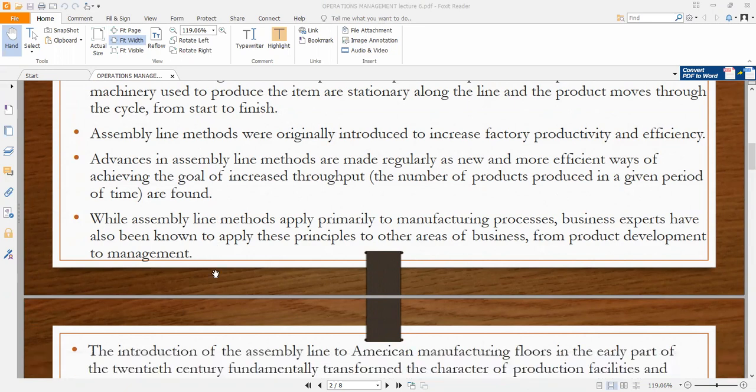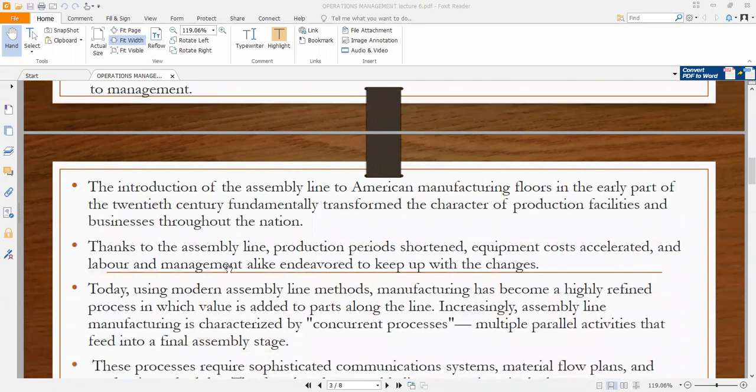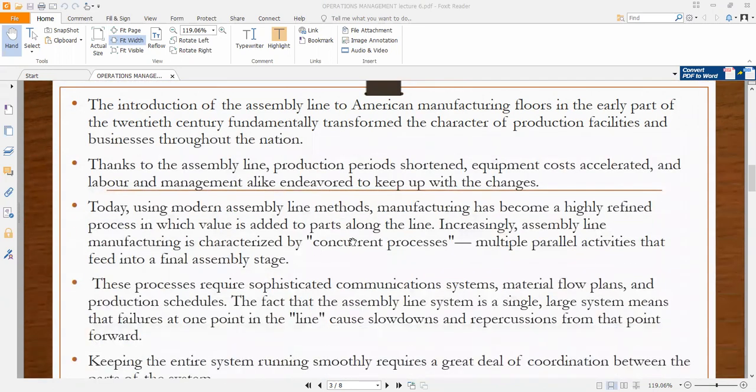Business experts have also been known to apply these principles to other areas of business, from product development to management. The introduction of the assembly line to American manufacturing came in the early part of the 20th century, like I indicated. Since then, manufacturing companies have witnessed a shortened production cycle.